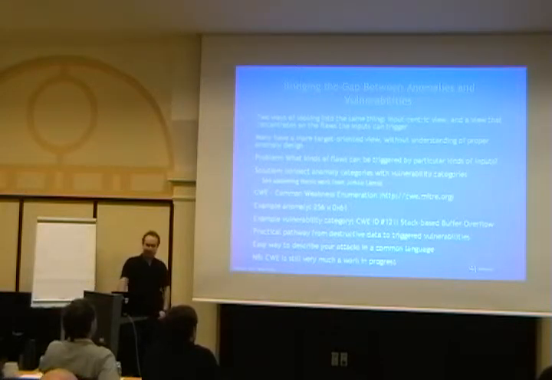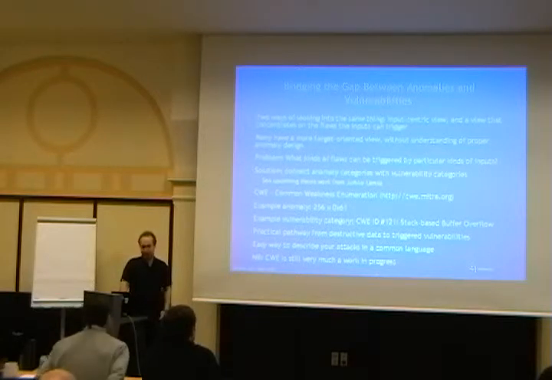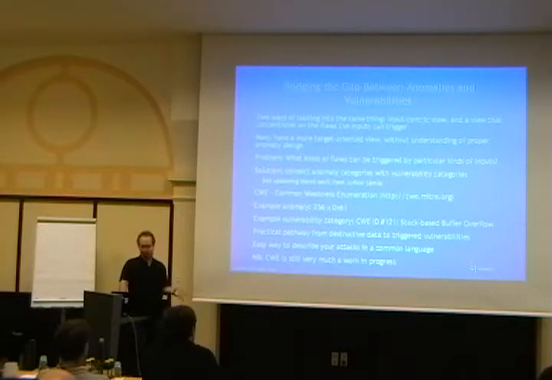You can connect your anomaly definitions and ideas about the ways to create destructive data with common categories of vulnerabilities. That's a rather simple insight, but it goes a long way toward documenting what you are doing with your destructive data, and possibly providing some information to the developers and to third parties about what errors you are actually triggering.